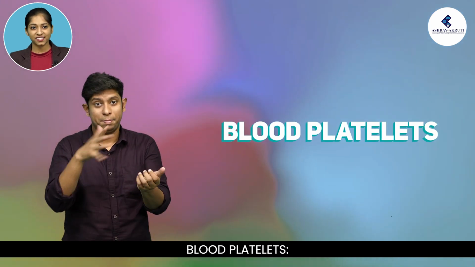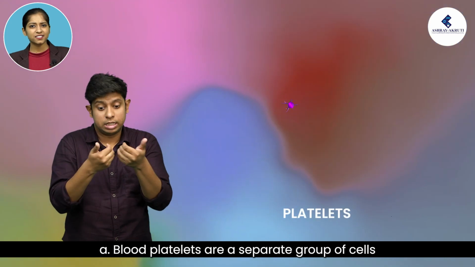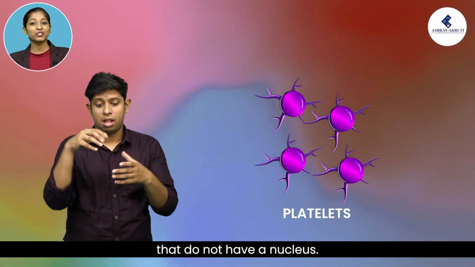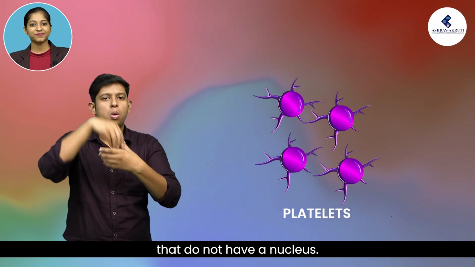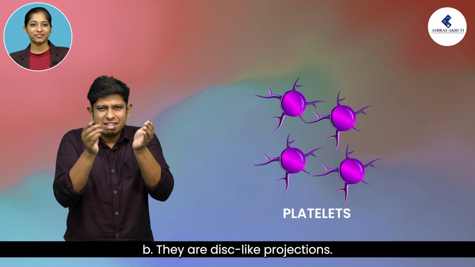Blood platelets. Blood platelets are a separate group of cells that do not have a nucleus. They are disc-like projections.